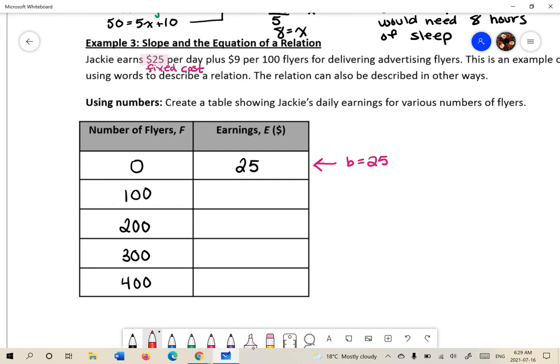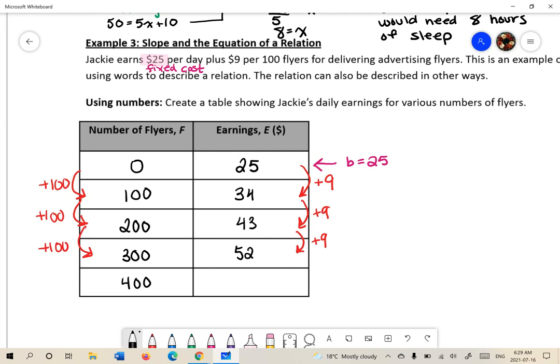So for every 100 flyers, Jackie earns $9.